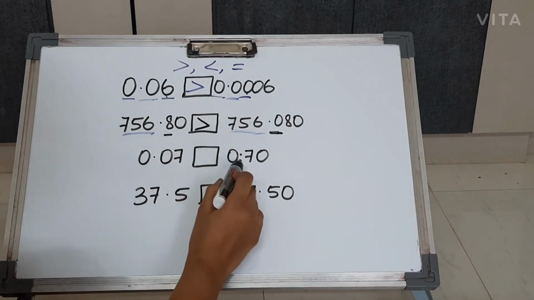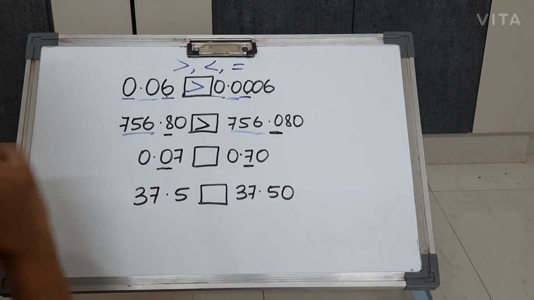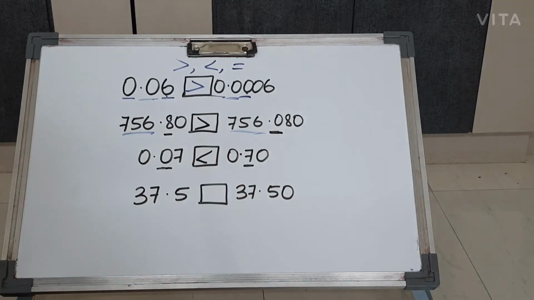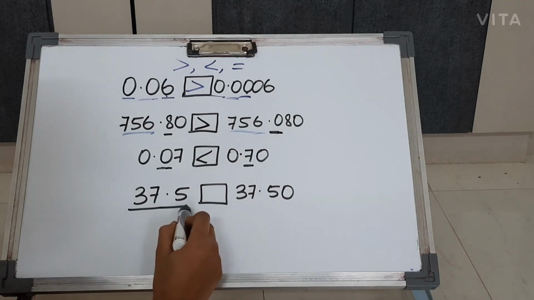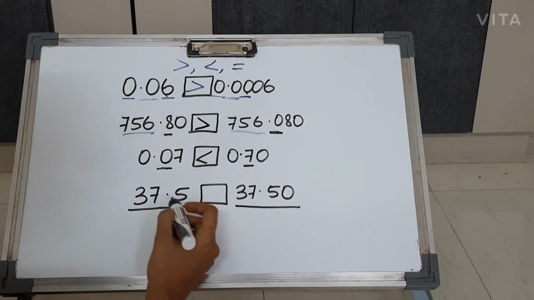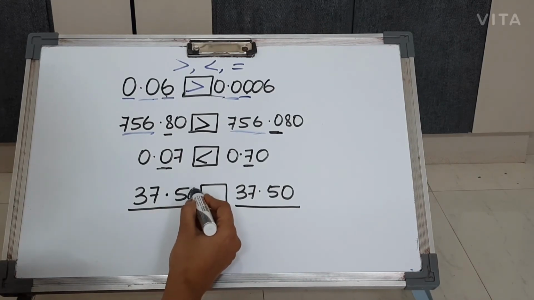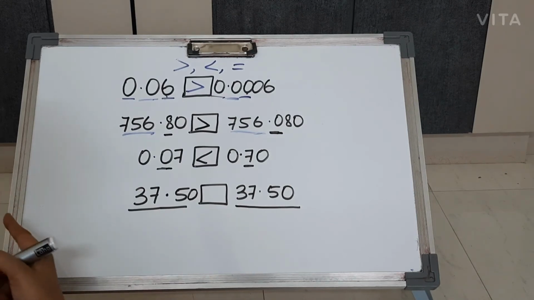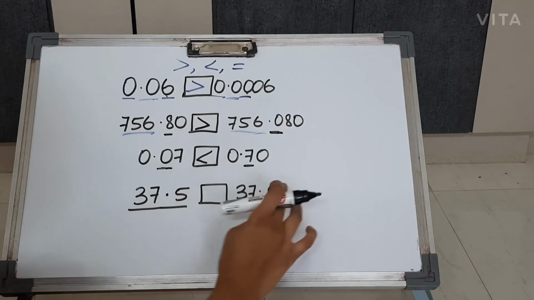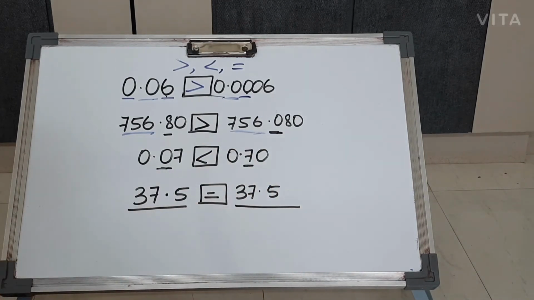Then 0.0, 0.0 is the same. After the decimal is 0 and 7. So here is the difference. This number is greater. Then 37.5 and here it is 37.50. So here you can see that after this decimal we can put a 0 because it has no value, as I explained before, or else we can just erase this and see again this value will be the same, 37.5, 37.5. So that means this is equal.